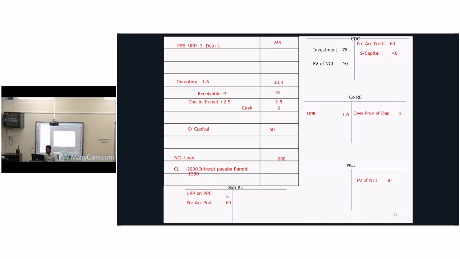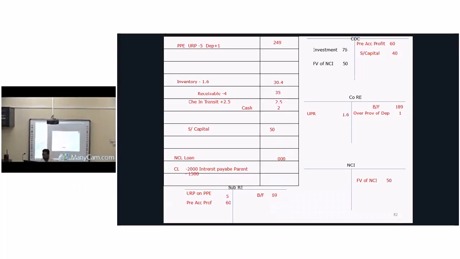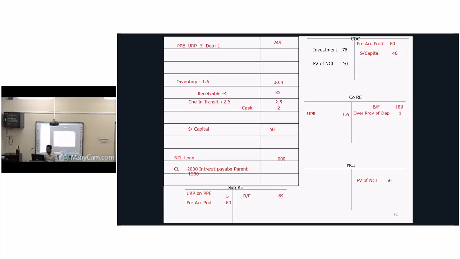Brought forward balance here is 189, and the subsidiary's retained profit brought forward is 69.